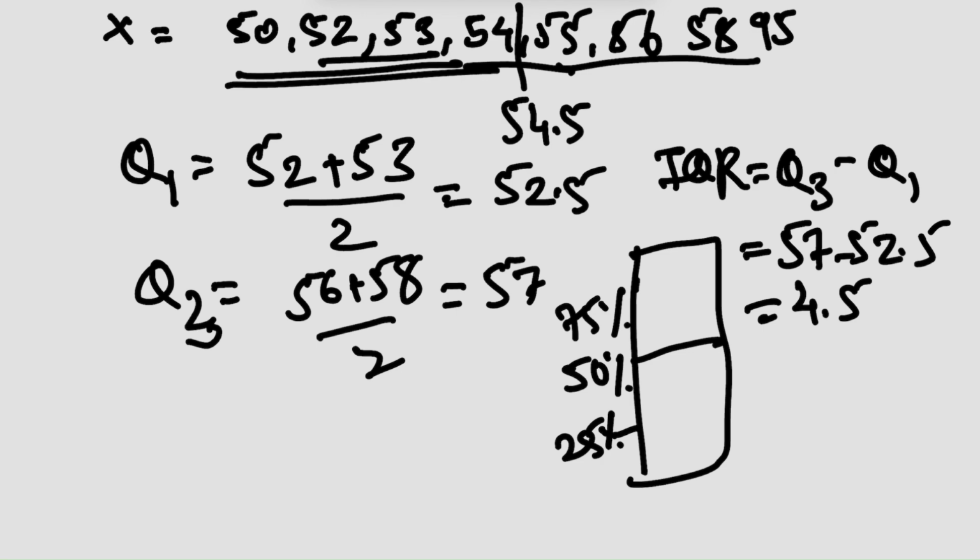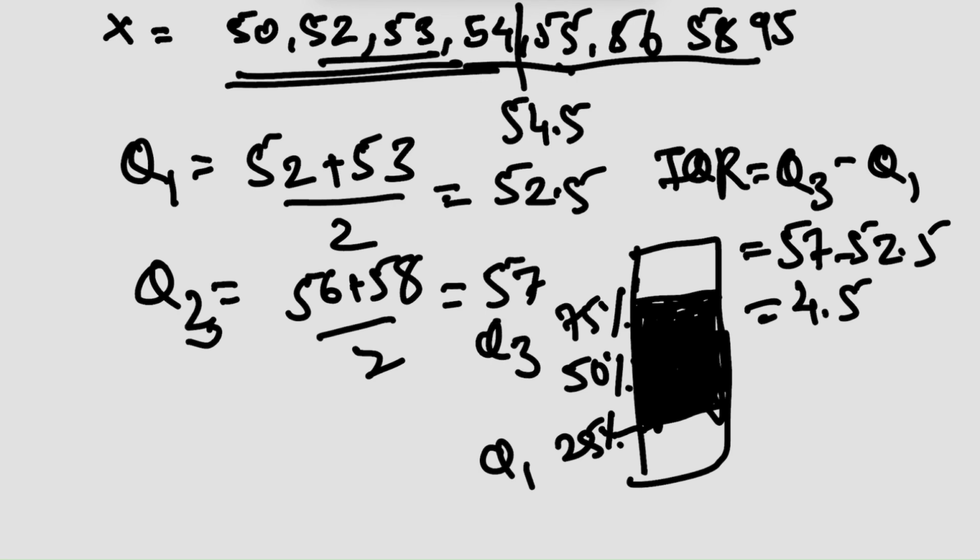Now when we go for interquartile range, we look for this part of data that lies between 25 and 75%. That's why we subtract Q3 minus Q1 and we get this result, 4.5.